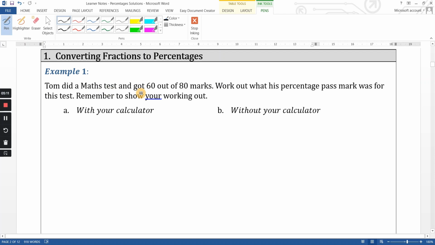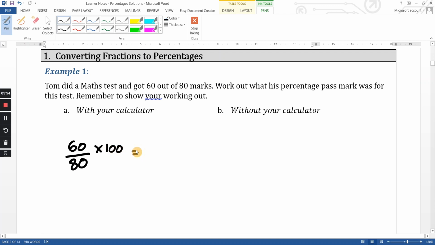So let's have a look at this example. Tom did a maths test and got 60 out of 80 marks. Work out what his percentage pass mark was for this test. Remember to show your working out. With the calculator, it's dead easy. All you do is just do your fraction, in this case 60 out of 80, and any fraction you just times by 100. Let's stick that in the calculator.